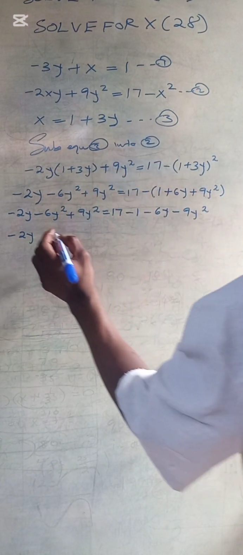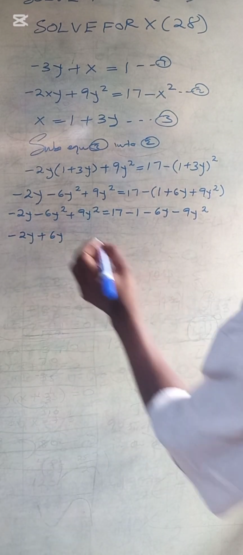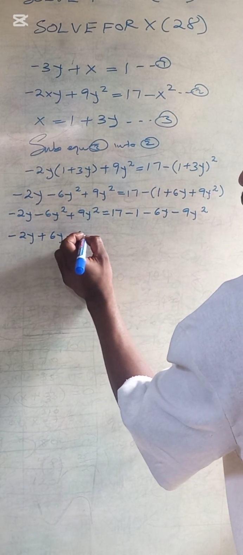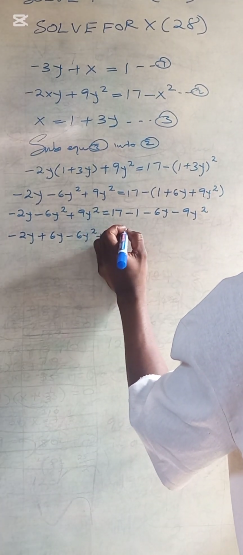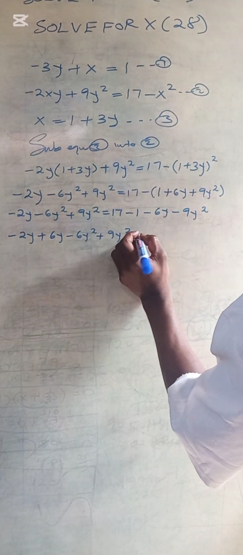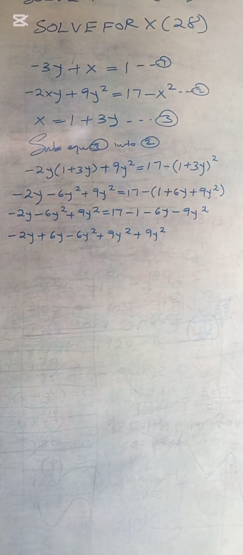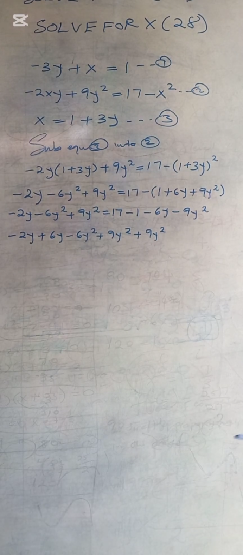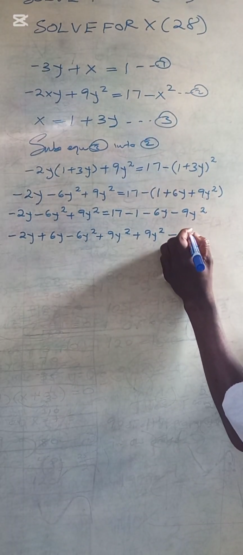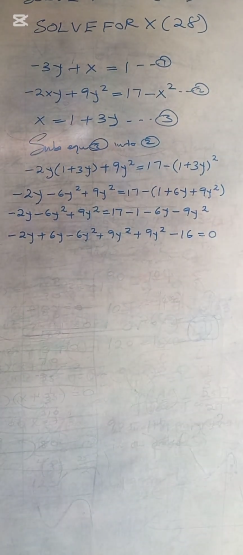We take this one, it will change sign, so it will be plus 6y, right? Then we had minus 6y squared plus 9y squared. If we transpose this one, it will also change sign, plus 9y squared, right? We are left with 17 minus 1, it's 16, and then we transpose it, it will be minus 16 is equal to 0. I hope we're good.